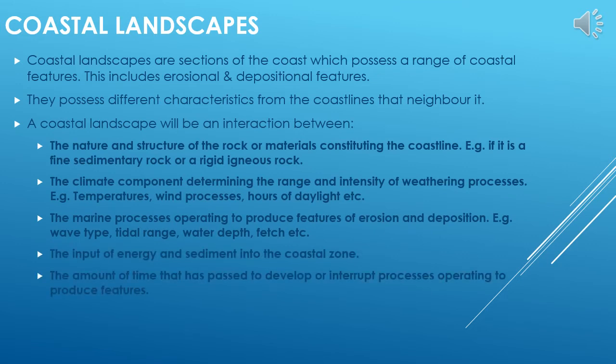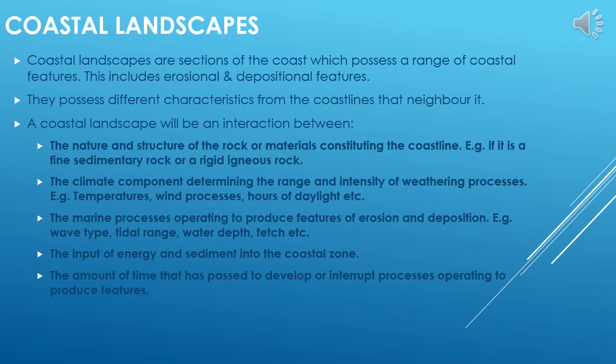So a coastal landscape then. Coastal landscapes are the big sections of the coast, like I said previously, and they include both erosional and depositional landforms or features. Now every landscape is different, so each will have a range of the two happening in it, and you can see the 5 bullet points there.